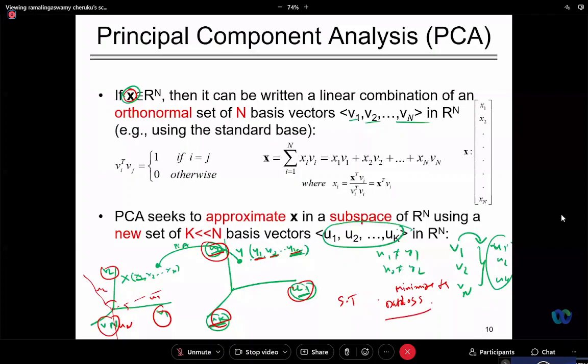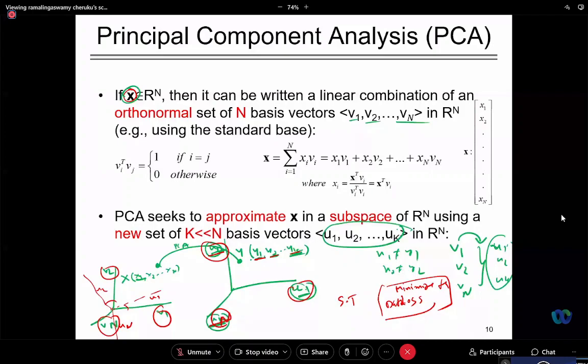That is the idea of principal component analysis. In the PCA, what we are trying to do is change the basis vectors from v1, v2, vn to the new basis vectors, namely u1, u2, uk, or un also, no problem, such that we minimize the data loss.